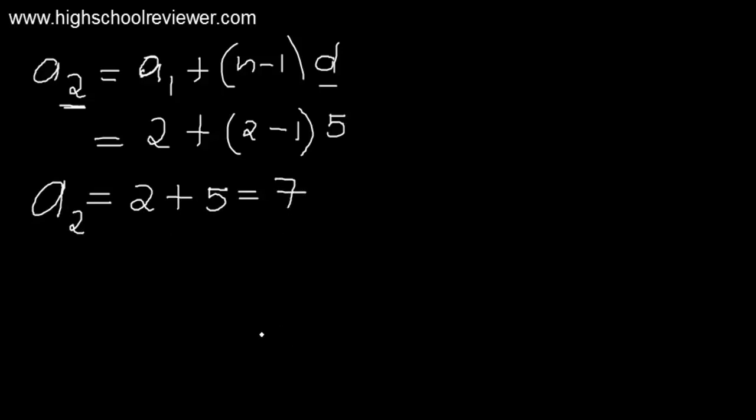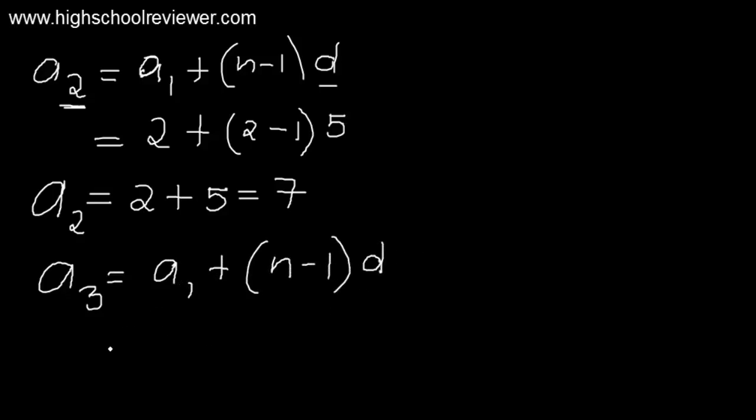Let us now find the third term. The third term will be a sub 3. A sub 3 would be equal to a sub 1 plus n minus 1 multiplied by d. So a sub 1 here, again, is positive 2 plus n, this is 3, so 3 minus 1 multiplied by d.